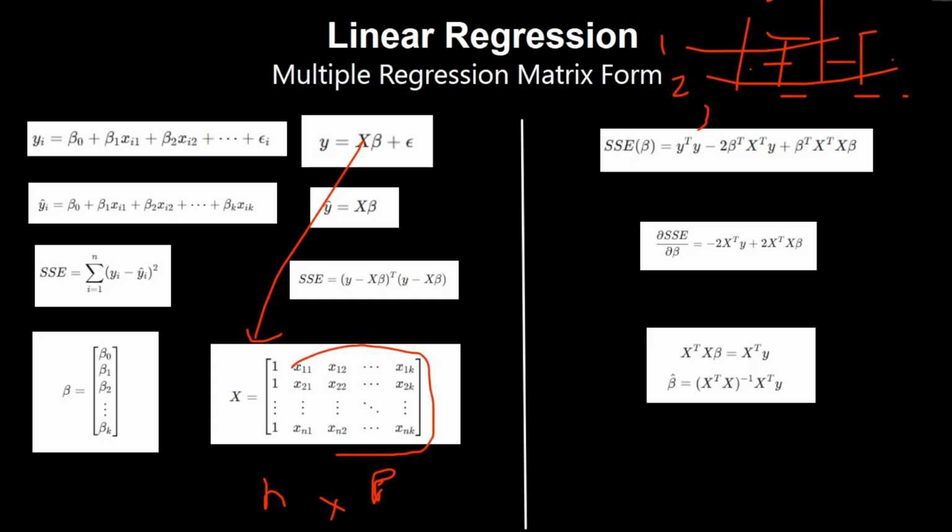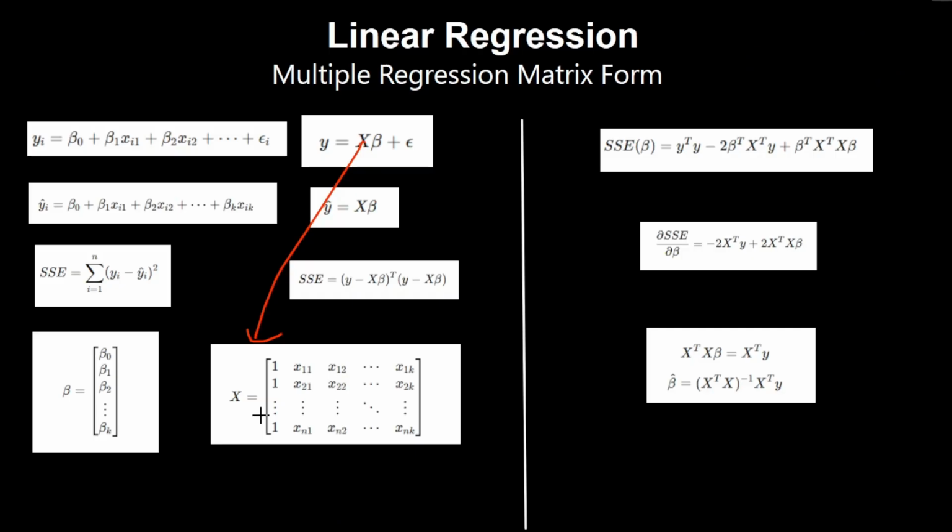So we have n rows, that is n data points, and the number of columns is p, the number of parameters: parameter 1, parameter 2, and so on. Also, if you notice, the first column is full of ones, so that it matches the intercept during the matrix multiplication.